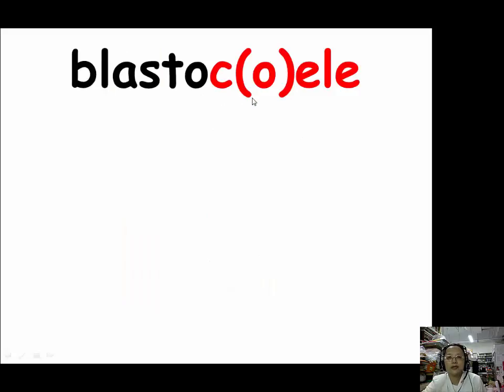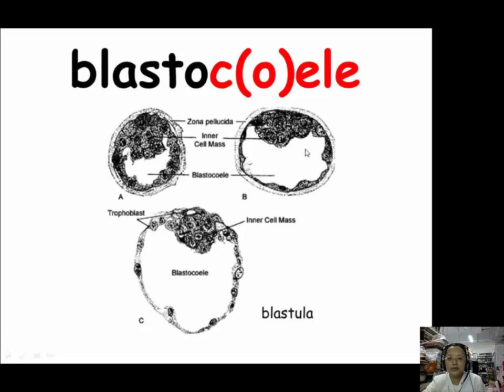And for the suffix C-E-L-E or C-O-E-L-E, our example is blastocele. Blastocele is the fluid-filled cavity of the mass of cells, which is called blastula.